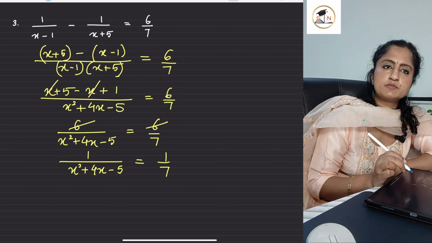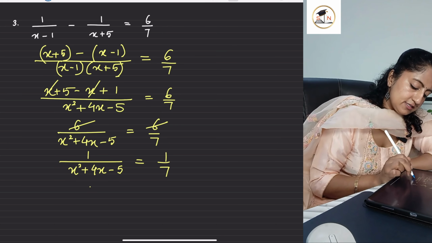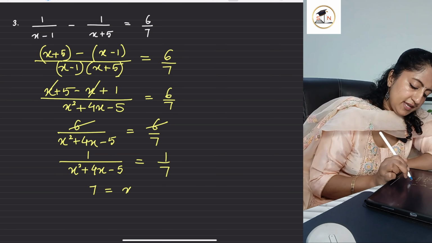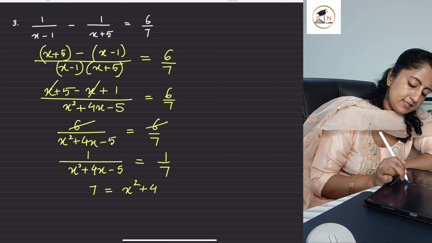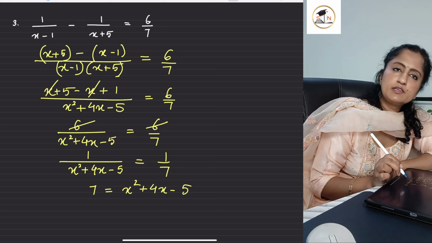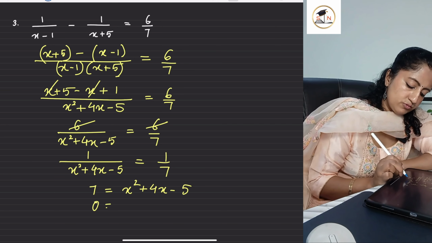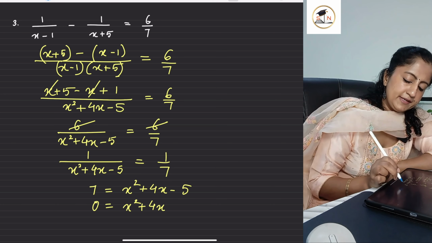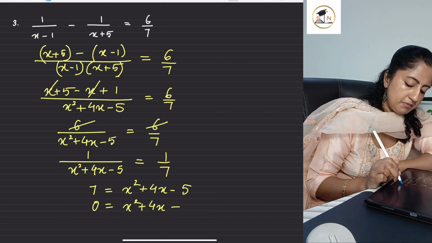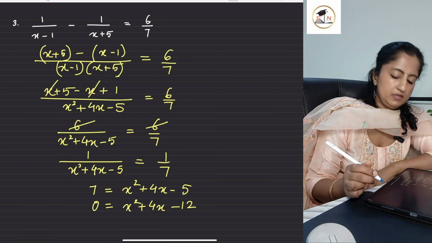So now we'll just cross multiply, and that gives us 7 equals x squared plus 4x minus 5, right? I will take 7 to the other side, leaving 0 on one side. So x squared plus 4x minus 5 minus 7 gives me minus 12, right?